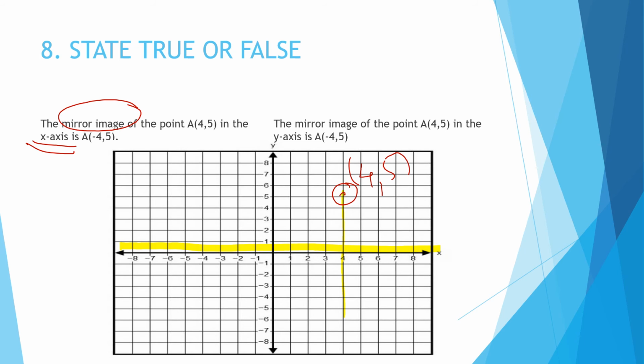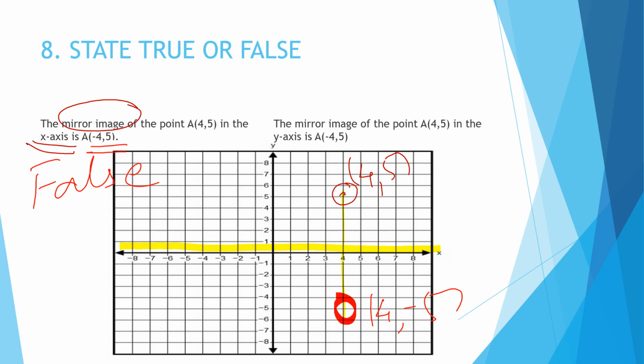So the point must be 5 minus this point. The point must be 4 comma negative 5. But here it is given minus 4 comma 5. So the first statement is false.